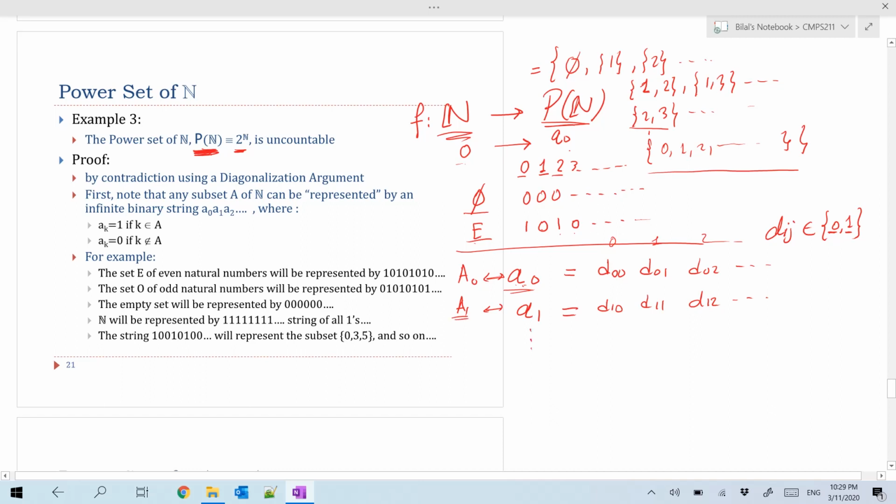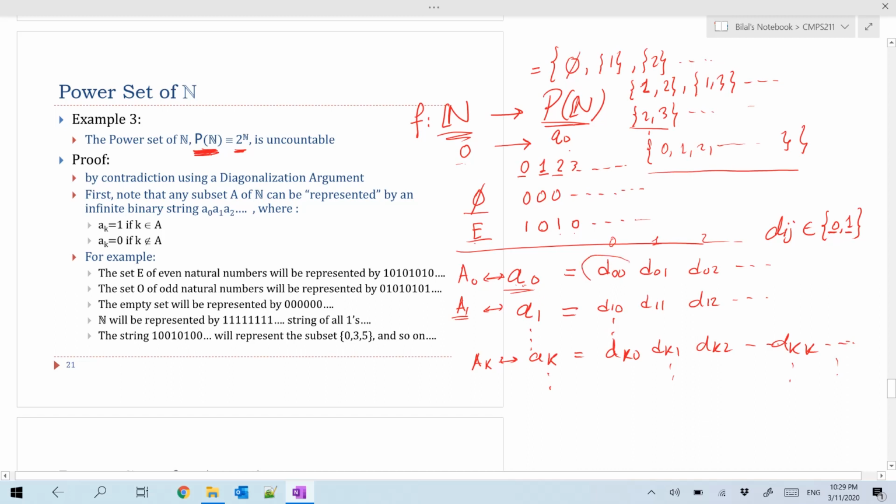We can do this for any subset Ak, and you will obtain a certain sequence of digits dk0, dk1, dk2, and so on and so forth, up to dkk and even further. So suppose you came up with this enumeration of all the subsets of n.